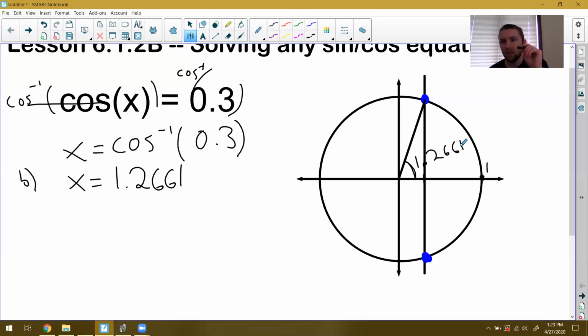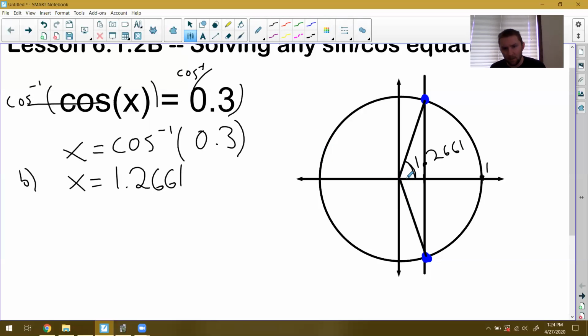So that's one answer. The question is, how do I go from that answer to the other answer on the bottom of the unit circle? Well, it's a similar strategy to what I just dealt with in terms of the sine. If I were to draw this angle from the origin down to this blue point, hopefully you can see where the angle is that's precisely the same as my 1.2661 from before.